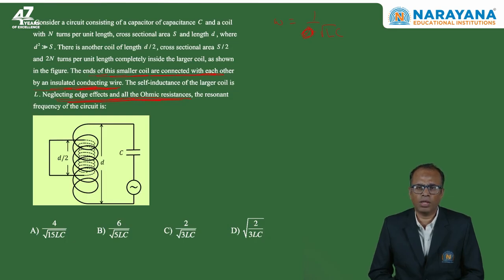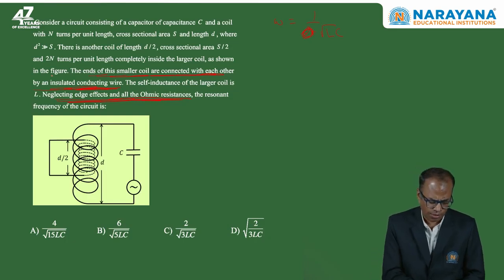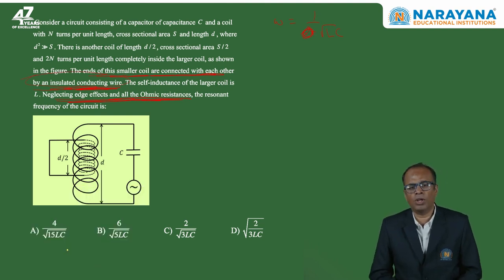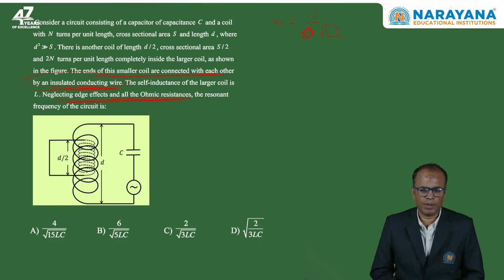If that coil were not short circuited, then there will be no current in that coil. In that case, that will not affect the inductance, and the answer would have been 1 by root LC. I expected one of the options to be that. Anyways, you are saved because there is no such option.